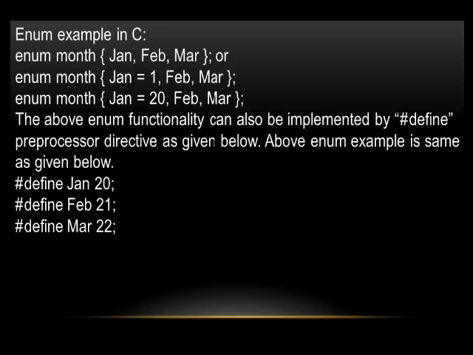Here Jan, Feb and March will be assigned 0, 1, 2 by default. In the second line, enum month Jan is equal to 1, Feb, March. Here Feb and March will be assigned 2 and 3 respectively by default. The third example, enum month Jan is equal to 20, Feb, March. Here Jan is assigned 20, so Feb and March will be assigned 21 and 22 by default.